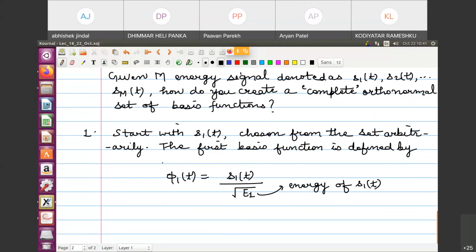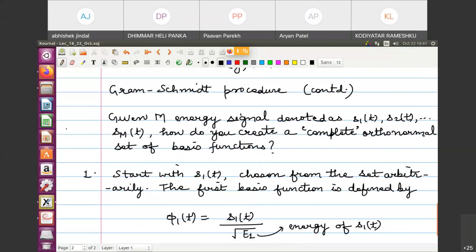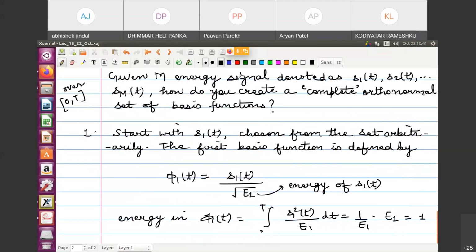If we try to find the energy of phi 1(t), assuming they all lie from 0 to T, we get the integral from 0 to T of S1 squared(t) divided by E1 dt. This is equal to 1 upon E1 into E1. So you can find that phi 1(t) has unit energy.